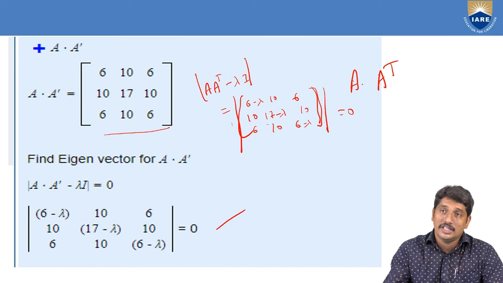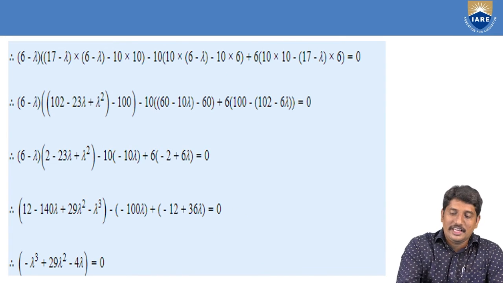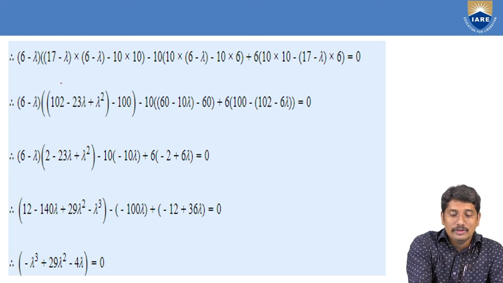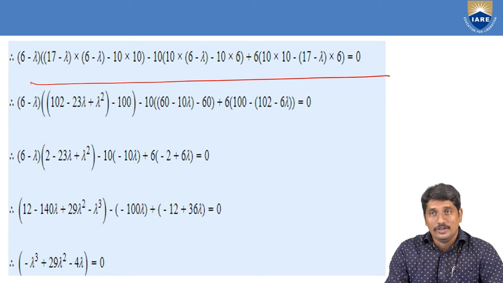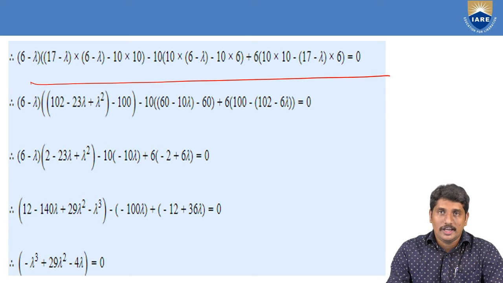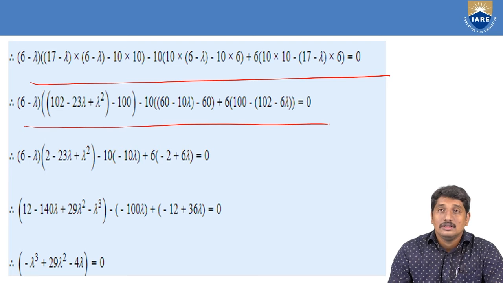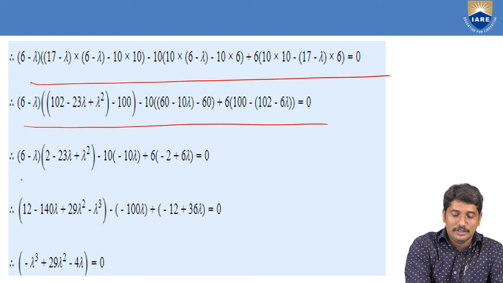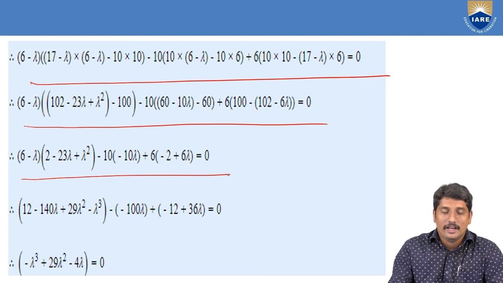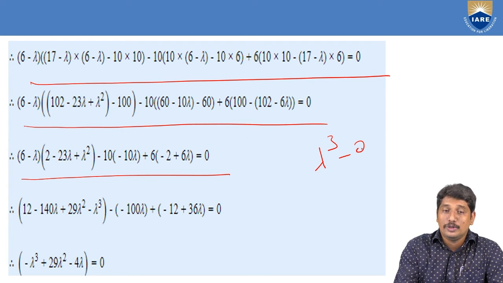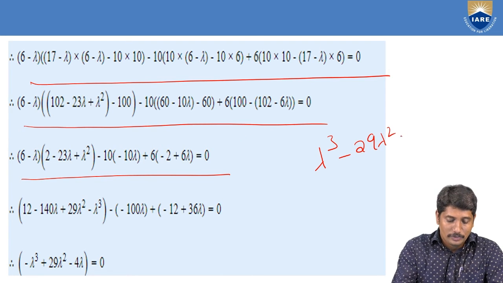And if you expand the det carefully along the first row, you will get this big polynomial equation, and you simplify, you will get the terms like this. And you further simplify, and finally, by regrouping and adding, we get the equation lambda cube minus 29 lambda square plus 4 lambda is equal to 0.